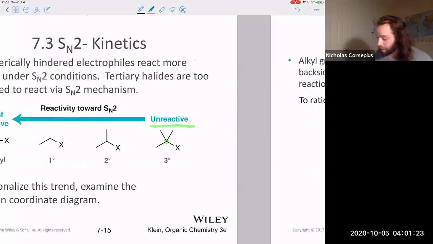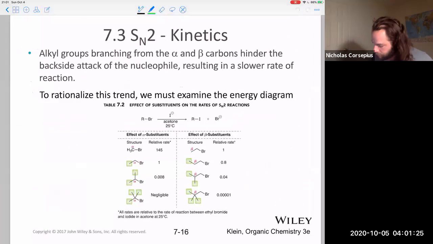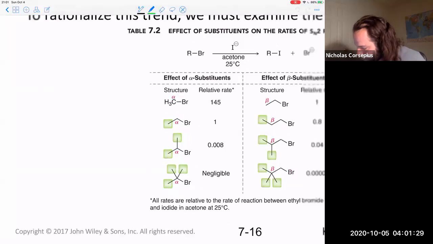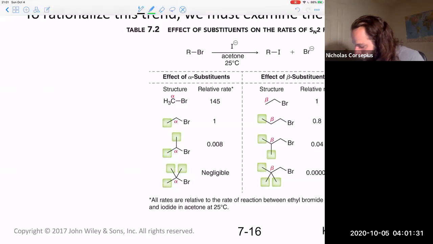Okay, we can look at these numerically. This is specific to this reaction, where you have an alkyl halide and your nucleophile is an iodide in acetone at 25 degrees Celsius. These rates are specific to this particular reaction, but nonetheless, we can generalize this to all alkyl halides and all nucleophilic attacks.